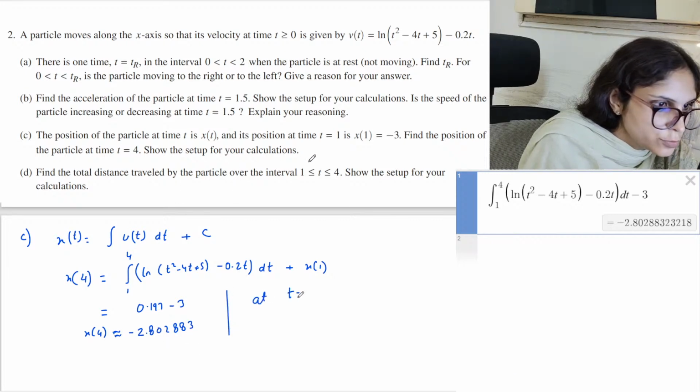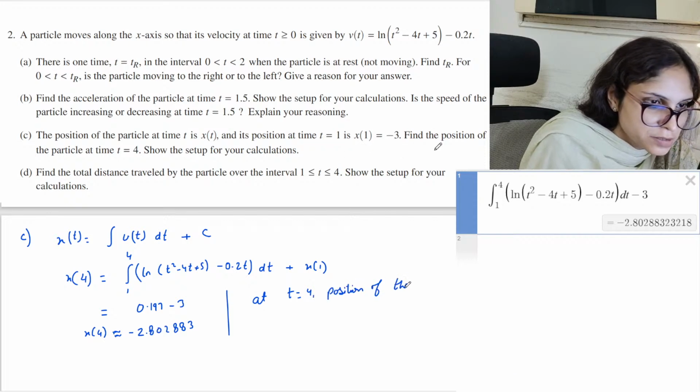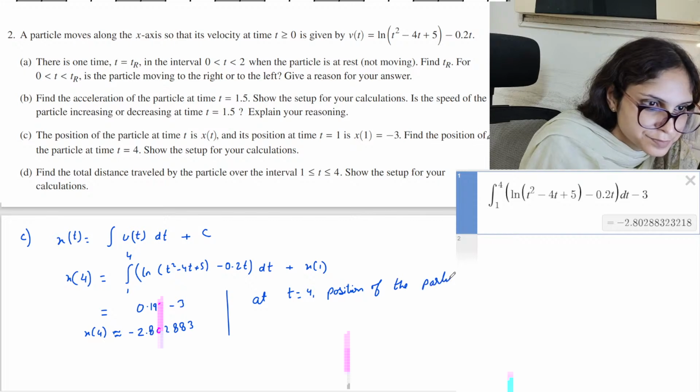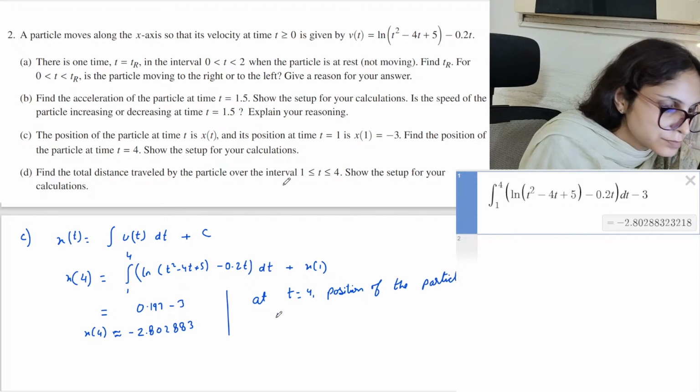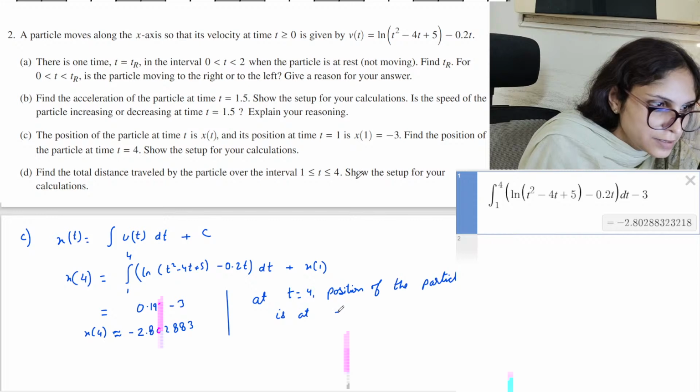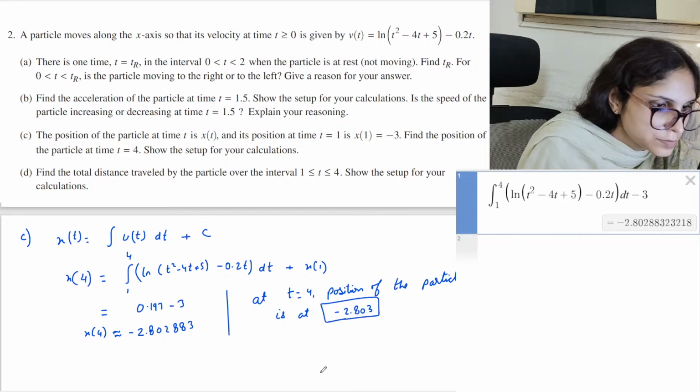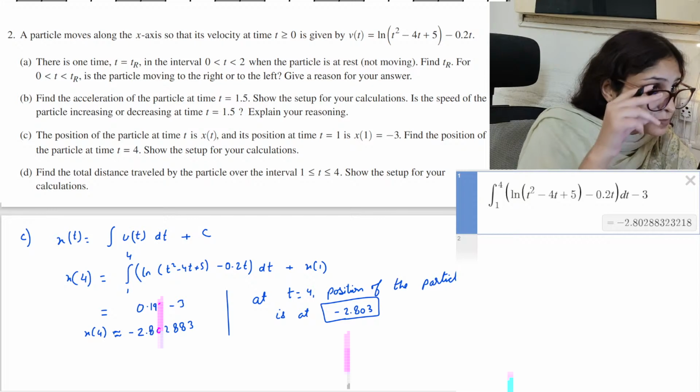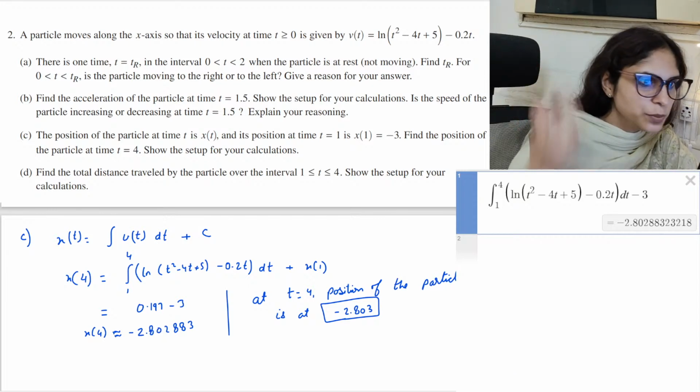So at t equal to 4, the position of the particle is at negative 2.803. Okay. And that is it. We're done with this question.